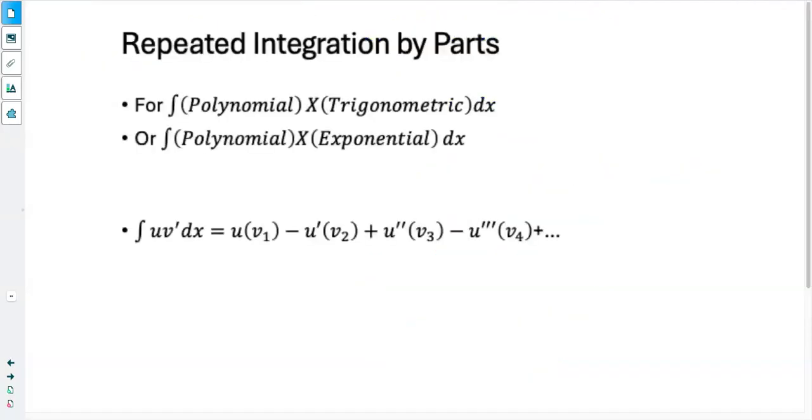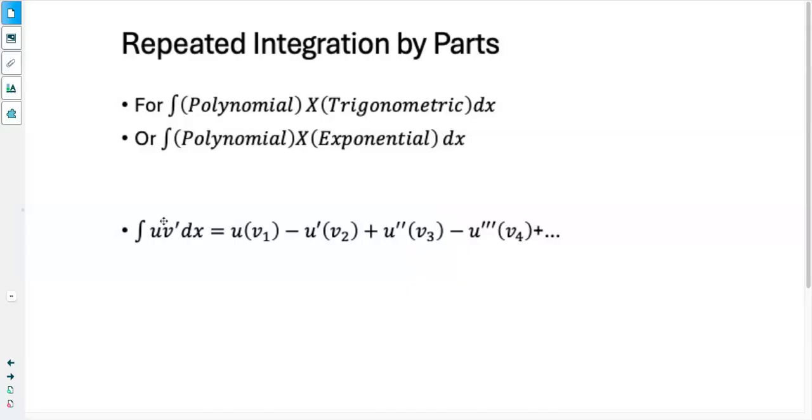Now we have something known as repeated integration by parts. It's for when we have the integral of a polynomial times a trigonometric function, or the integral of a polynomial times an exponential function. For it, essentially, our integral of u v prime dx is equal to u times v1 minus u prime v2 plus u double prime v3 plus u triple prime v4 and so forth.